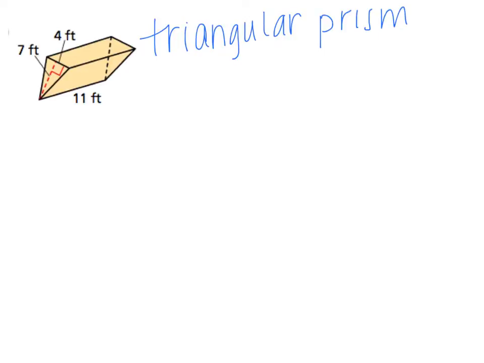Our last example is called a triangular prism. It's because for our base we have a triangle and our other faces are all parallelograms. To find the volume, we're going to do base times height. Now my base is a triangle, so to find my base, I need to do the area of a triangle, which is base times height divided by 2.